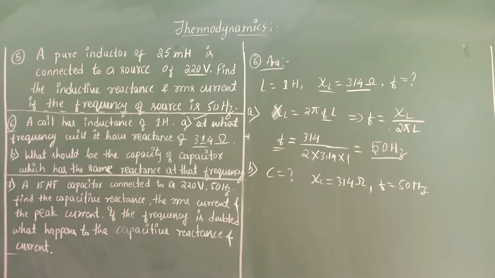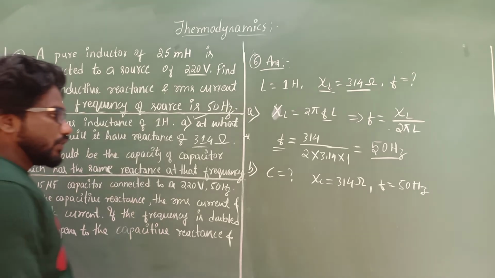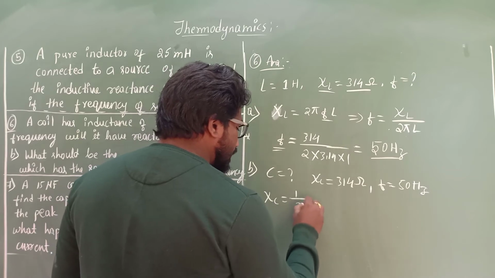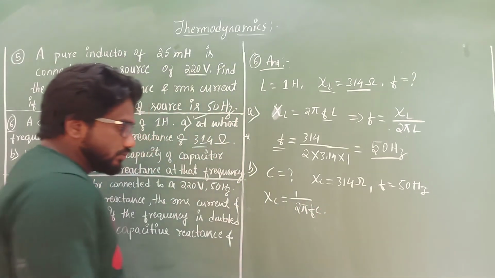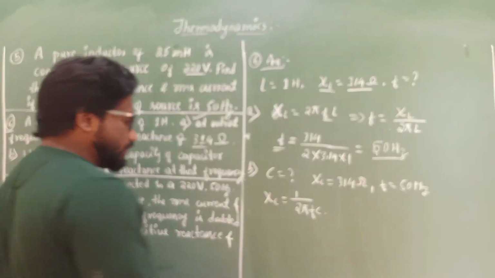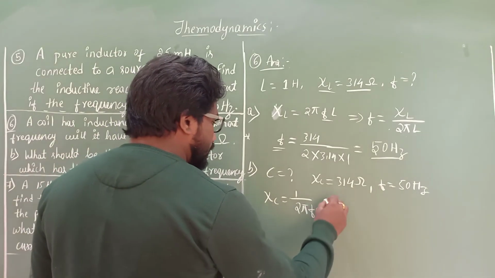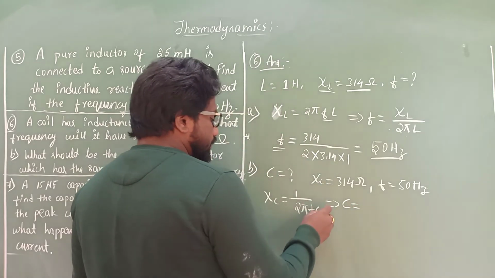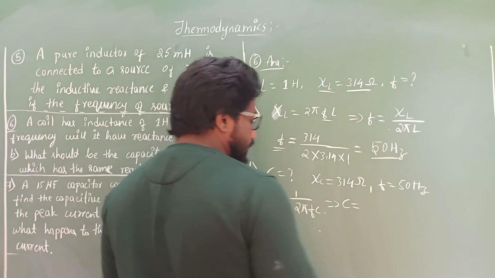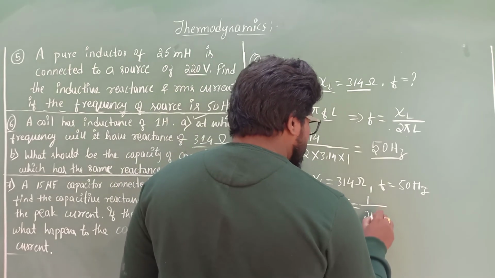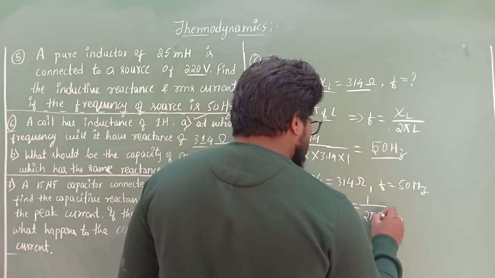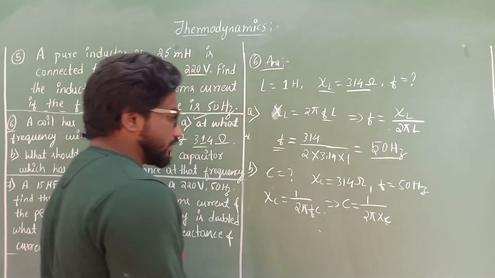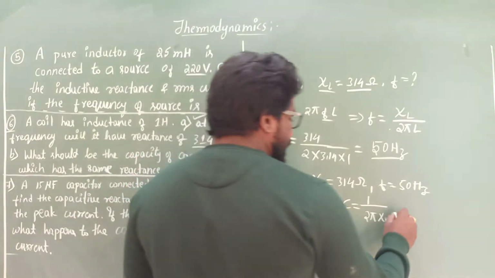So what is the formula? XC is equal to 1 over 2 pi F into C. You all know that. I need to find the value of C. Send C to the other side and bring XC here, you will get C is equal to 1 over 2 pi XC into F.